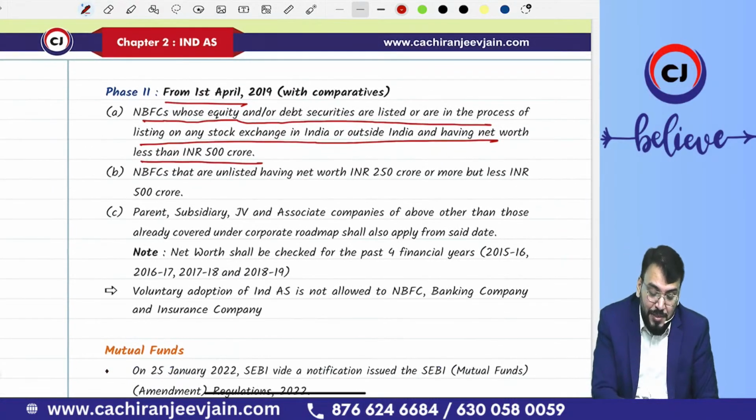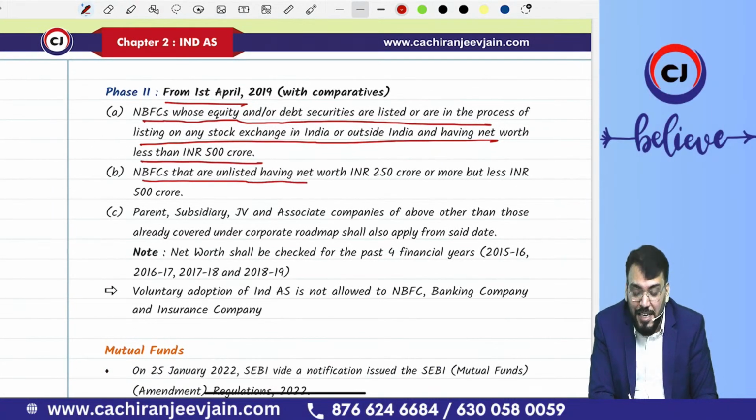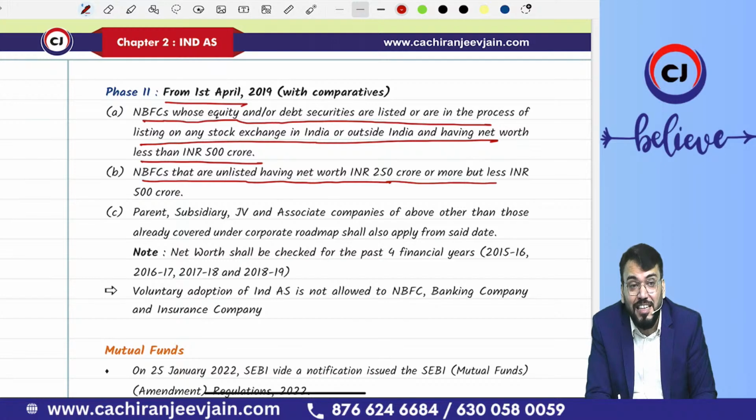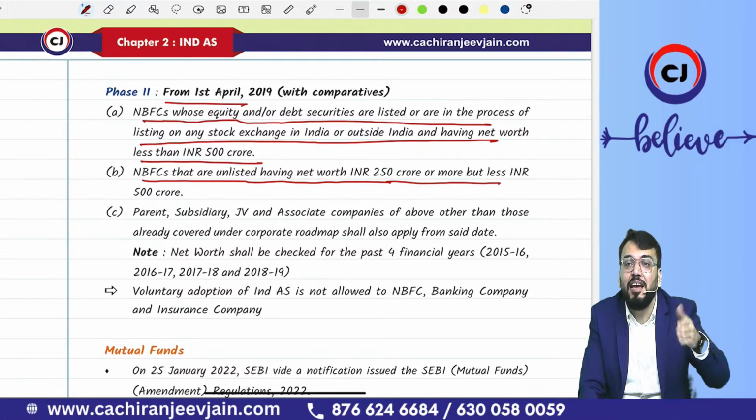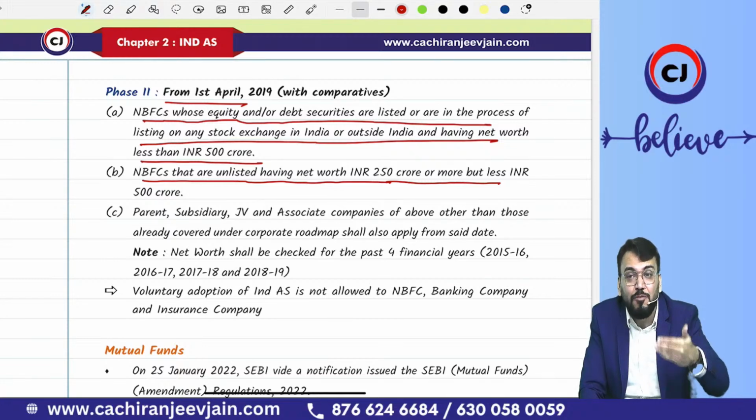Second point, NBFCs that are unlisted having a net worth of 250 crore or more but less than 500 crore. So any NBFC with a net worth of less than 250 crore, IND AS is not applicable.